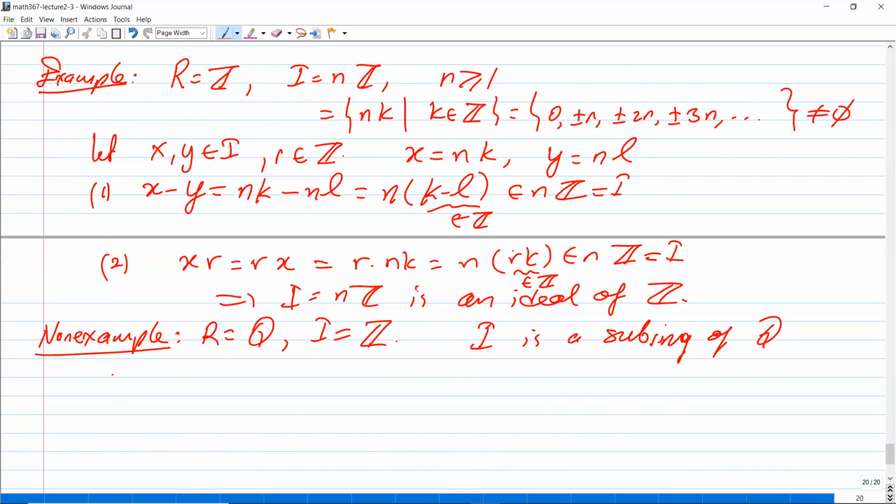For example, 2 is in I, and let's take 1/3 from Q. If we multiply them, 1/3 times 2, which is 2/3, is not in Z, so this Z is not an ideal.